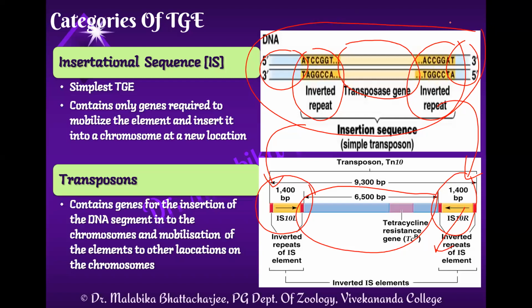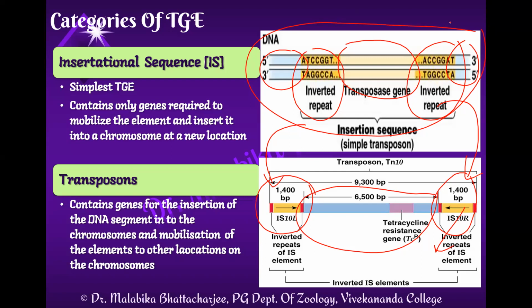We have understood the basic conceptual difference between insertional sequences and transposons. Now the question arises: are all transposons bordered by IS elements? No. Some transposons have insertional sequences at their boundaries, but it is not necessary that all transposons will have them.